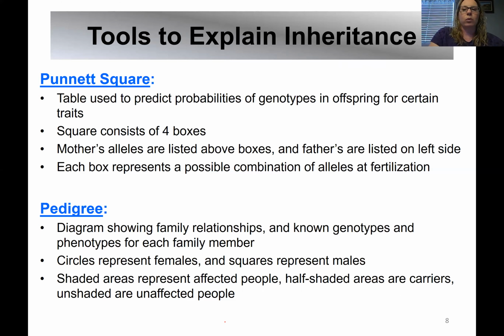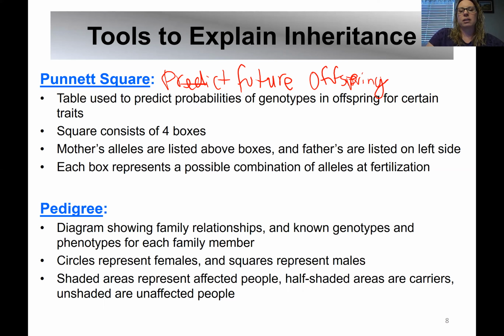A Punnett square, and I'm sure you've all done these before, is used to predict future offspring, or their chances, the probabilities of genotypes for an offspring.